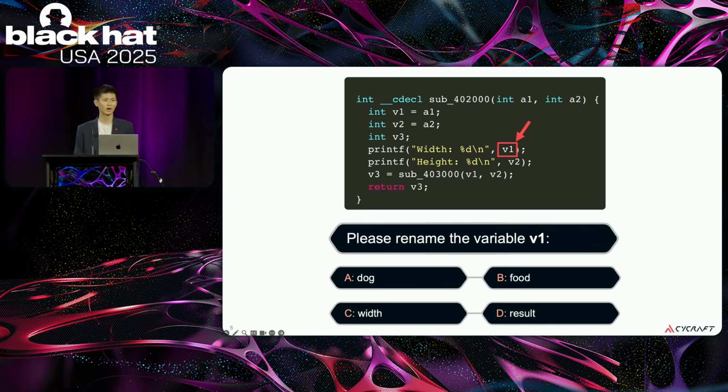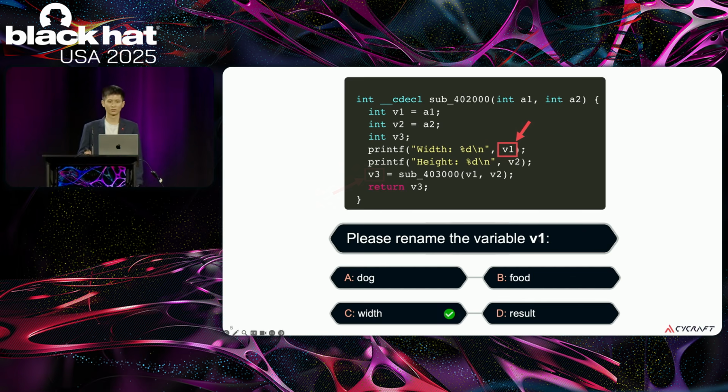OK, now it's time to generate the answer. Please show me your answer if you think the answer is A, B, C, or D. Oh, it seems that lots of people think the answer is C. So let's see. Correct. Excellent.